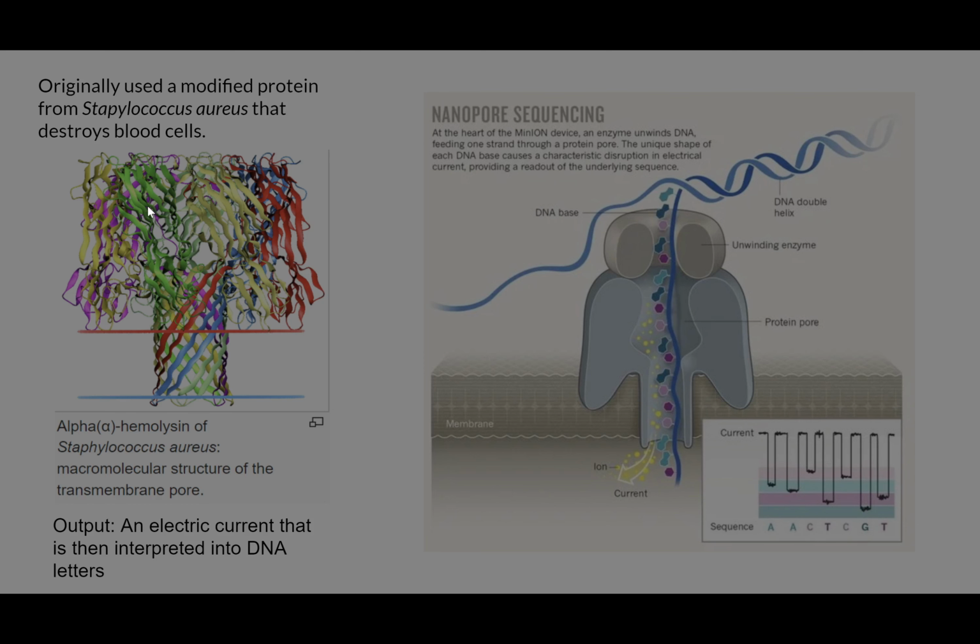And the way this works is there's a biological molecule. It's a type of protein called a porin, and it exists in bacteria. Specifically, the one that inspired this sequencing technology came from Staph aureus, which is one that you've probably heard of.